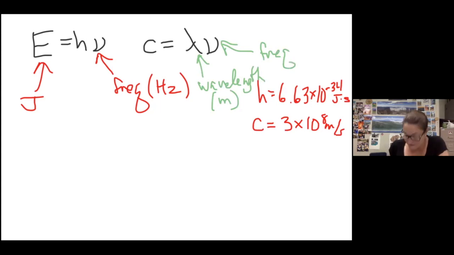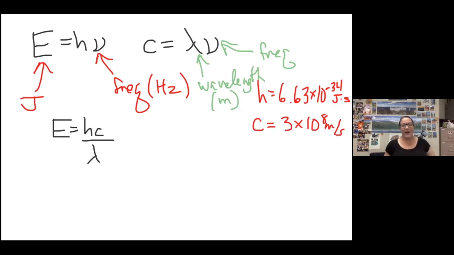It can also be convenient to solve these two equations simultaneously. If I rearrange the second equation for frequency and plug it into the first equation, I get this. So I could shortcut it and not have to find lambda first if I was ultimately looking for the wavelength. So let's take a look at a problem that involves both.